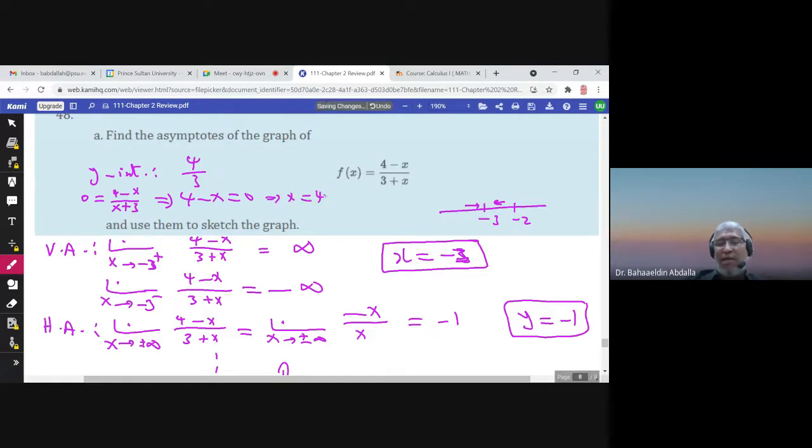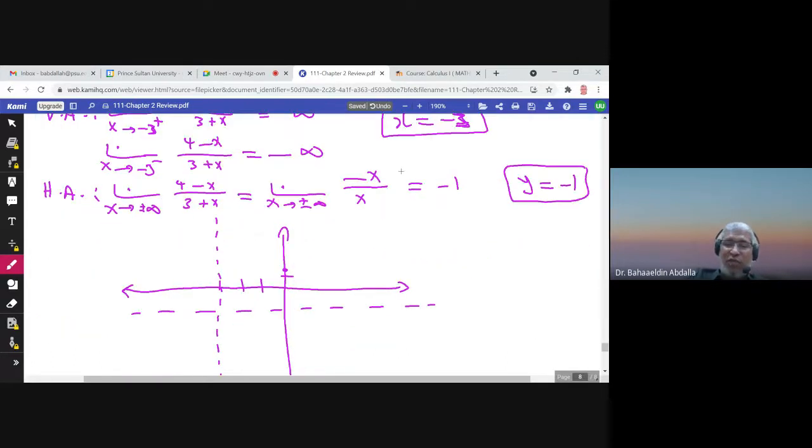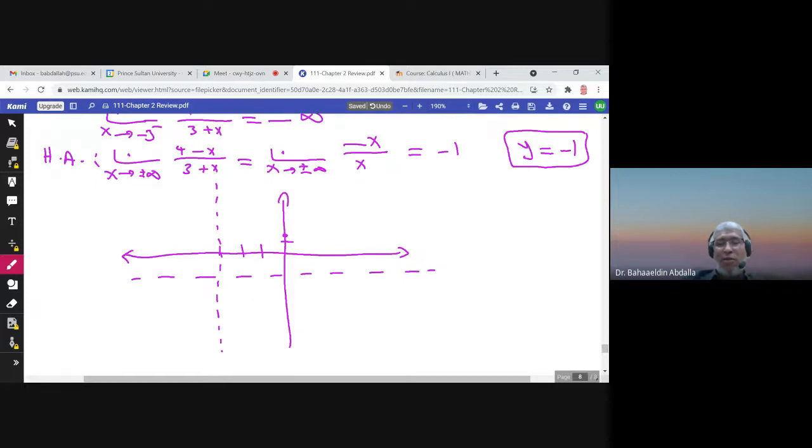Or immediately, the fraction would be 0 if the numerator is 0. So you just find the zero of the numerator, which is 4. So 1, 2, 3, 4, so it will pass by this point and this y-intercept, and then it will go up with the asymptote, and here also it will approach the horizontal asymptote. So this is the graph to the right of the vertical asymptote.